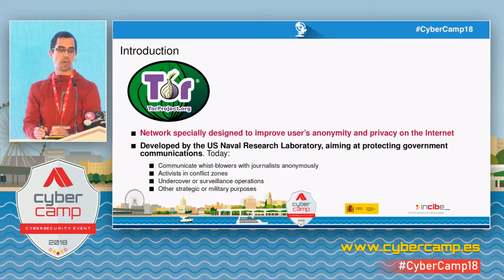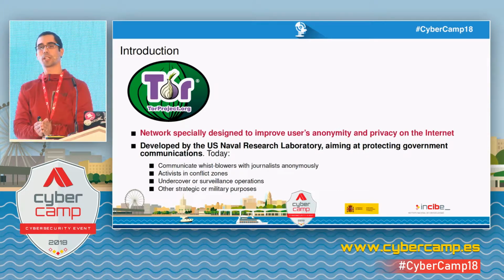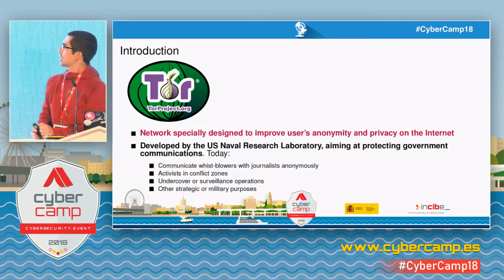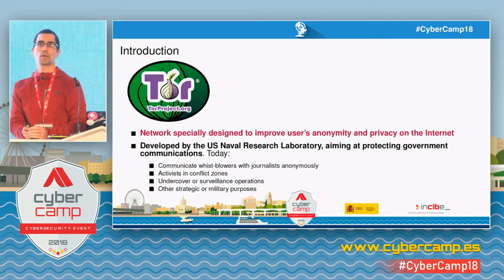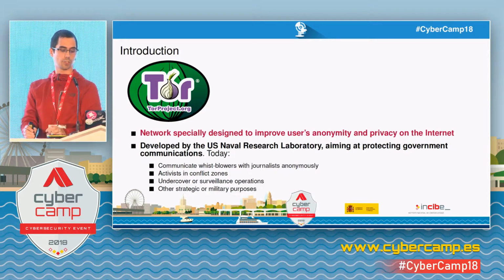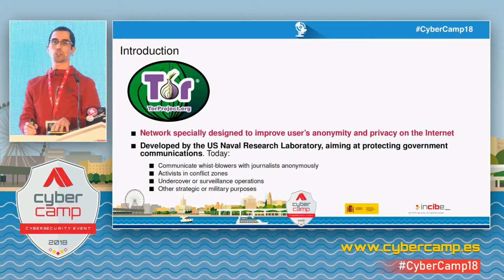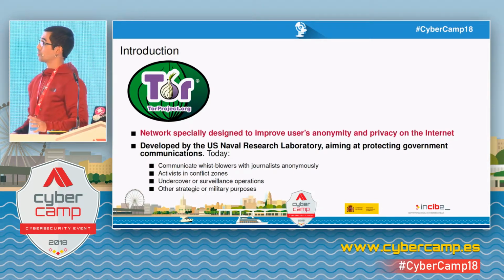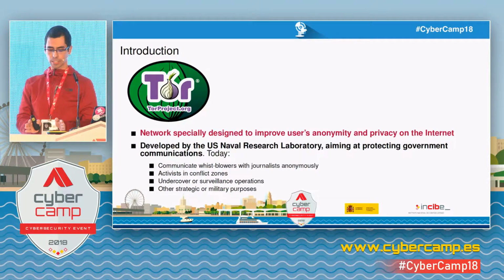It's a network which has been specifically designed to improve the user's anonymity and privacy while navigating the internet. It was initially developed by the US Naval Research Laboratory with the aim of protecting government networks in the US.